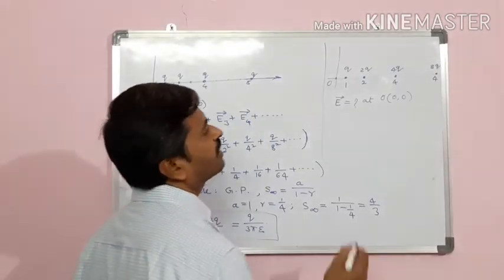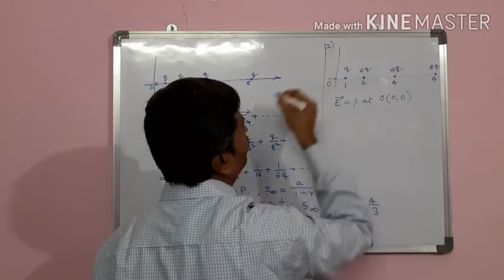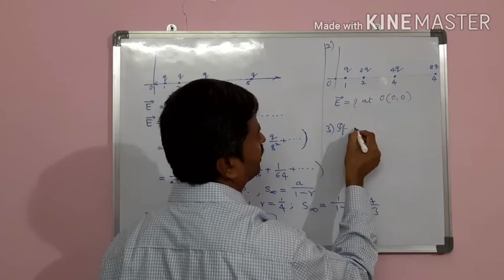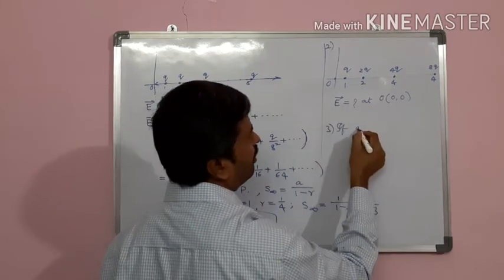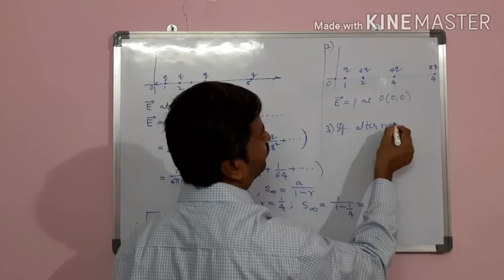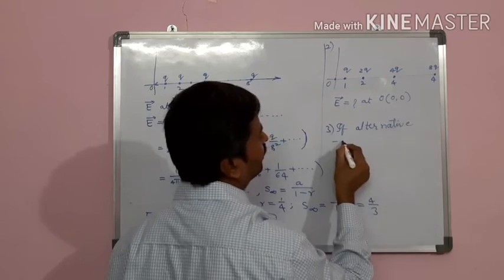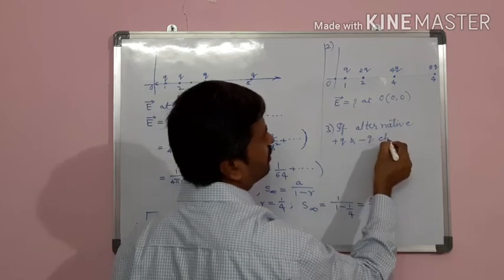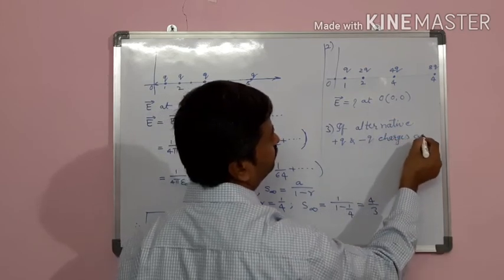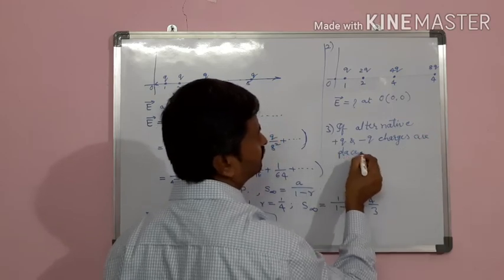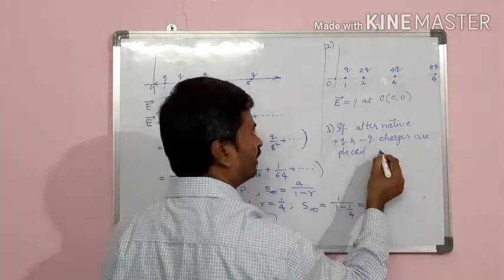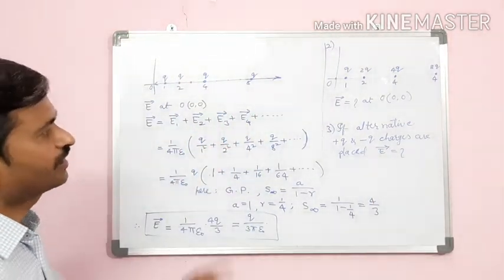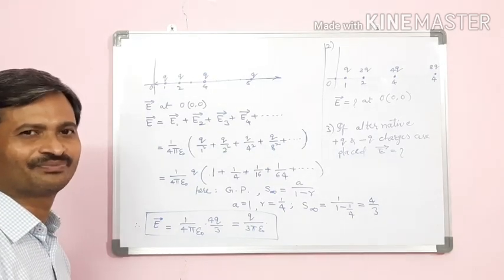If alternate minus signs are there, this is the second model, and third, if in the above problem, in this and this also, alternately negative and positive charges are placed, then E is equal to how much? This is the question. You can try for those things. Okay? Right.